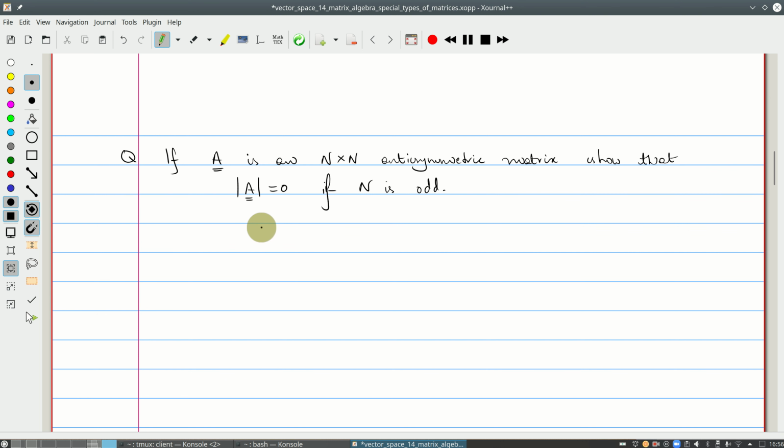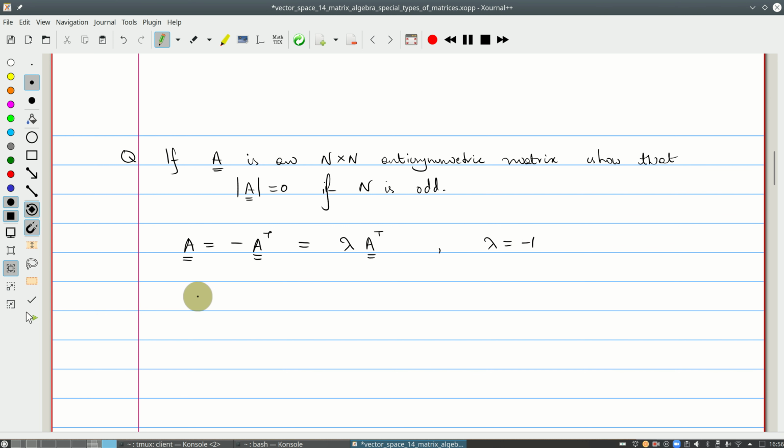Okay, here's how the solution goes. A is an n by n antisymmetric matrix, so we know that A is equal to minus A transpose. Let me write this as A equals lambda A transpose, where lambda is minus 1.